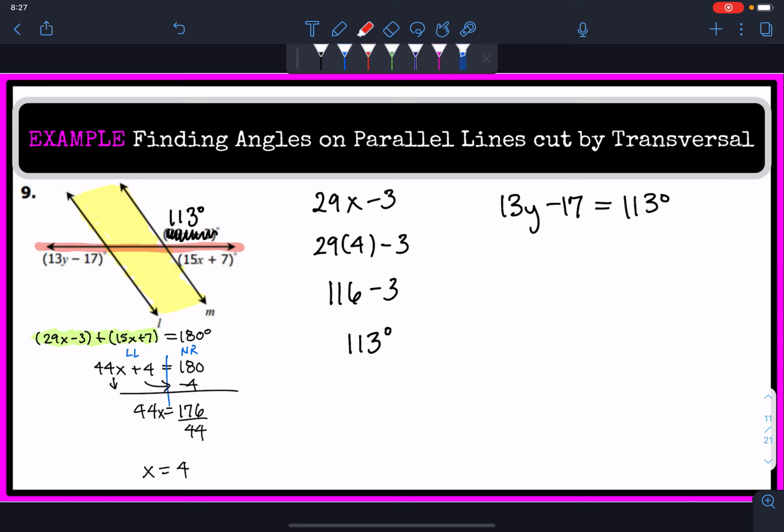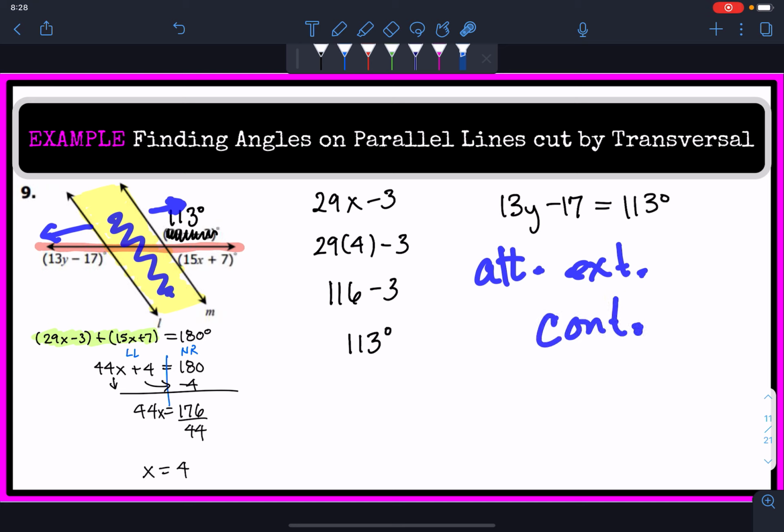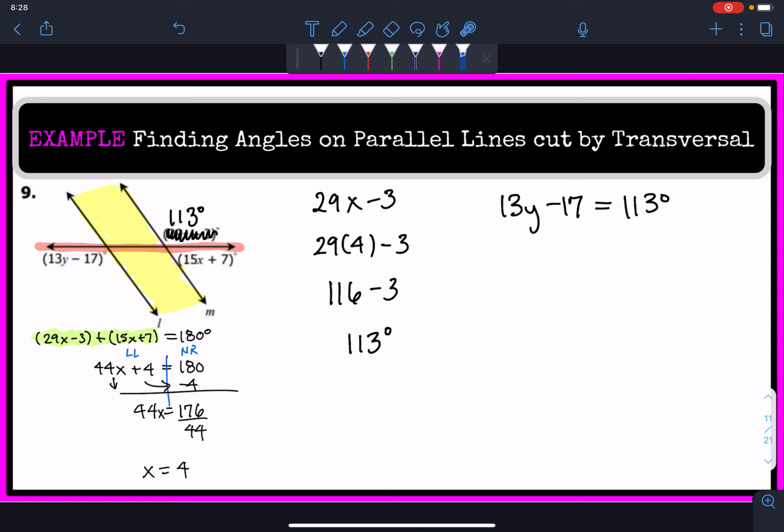Notice that the 113 is above and the 13y minus 17 is below, so they're on opposite sides of the transversal, so they're alternating. And because they're not in between the parallel lines, they're exterior. So they're alternate exterior angles, which means that they are congruent. So that's why I can set this equal to that.